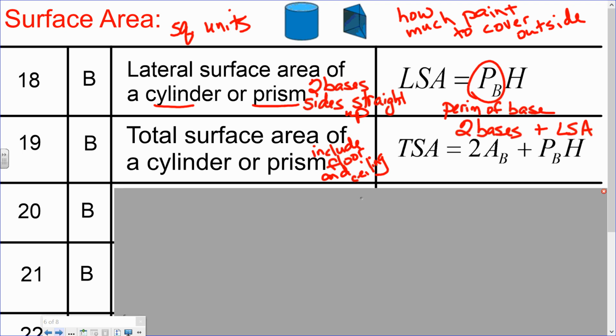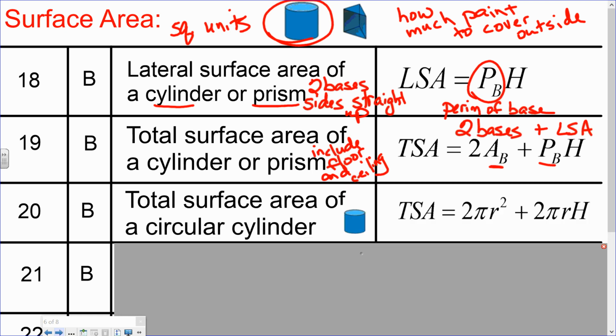If we happen to have a circular cylinder like this one up here, where these bases are circles, we have a formula for the area of the circle, and we have a formula for the perimeter or circumference of the circle.